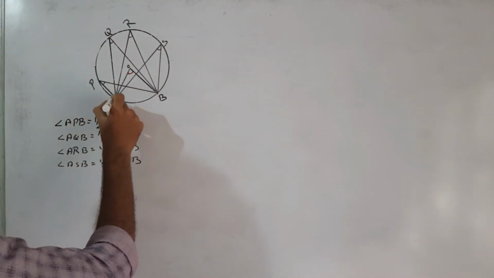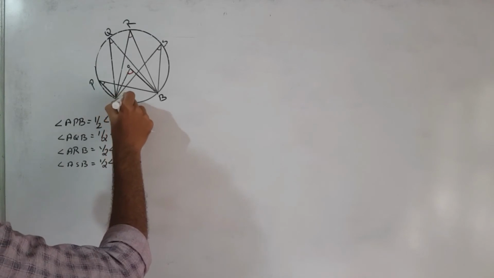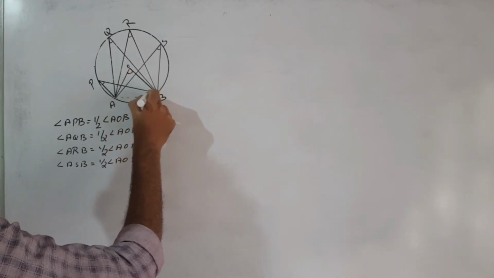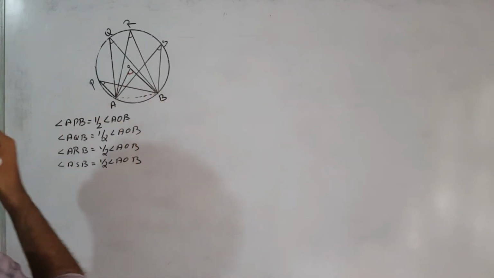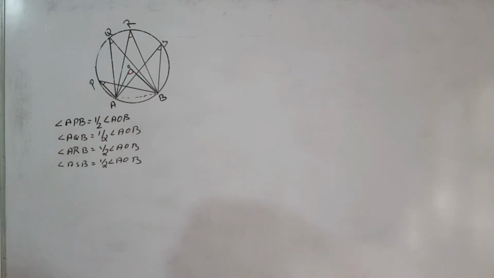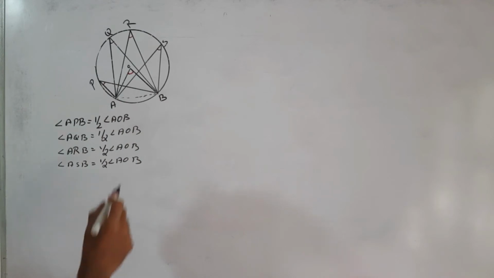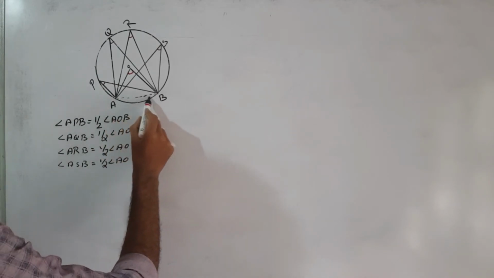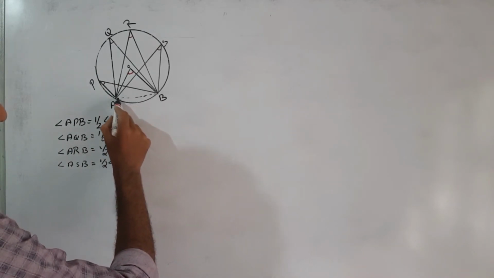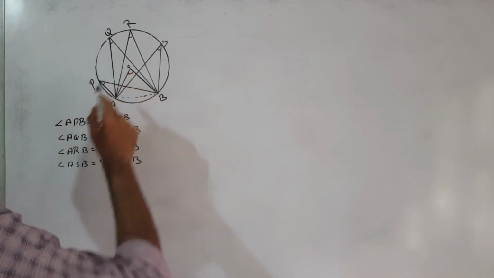So here, if we join the points A and B, just imagine if we join the points A and B, what we call this part, we call it a segment, correct? Segment. Now what is angle AOB?